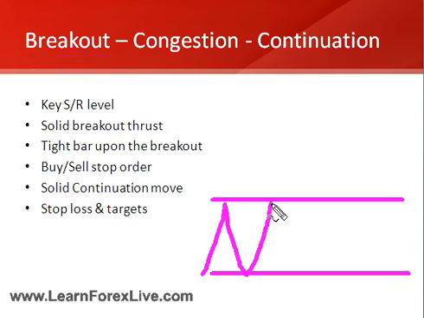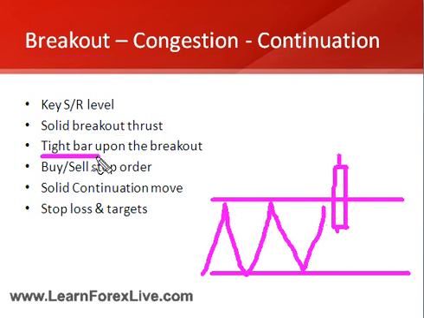Price zigzagging up and down within a channel, within a triangle, whatever. Eventually we get the solid breakout bar. Then what we want to see is a tight bar up on the breakout, and always beyond the breakout point. Obviously, this being the breakout point, what you want to see is a tight bar here, a bar with a small candle and small wicks, basically a small bar, certainly much smaller than the previous one.